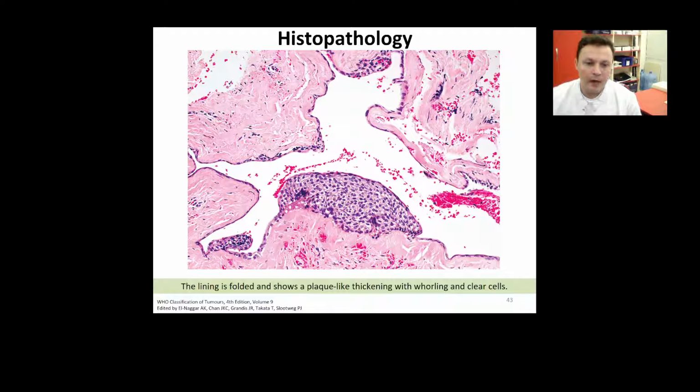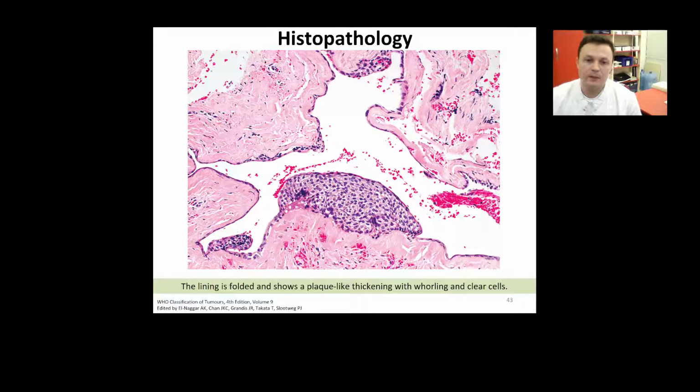These often have a whorled appearance, and the cells may have clear cytoplasm due to accumulation of glycogen. Separation of the epithelial lining from the connective tissue wall is a common finding. The fibrous wall is uninflamed, but may show a hyalinized band immediately beneath the cyst lining.